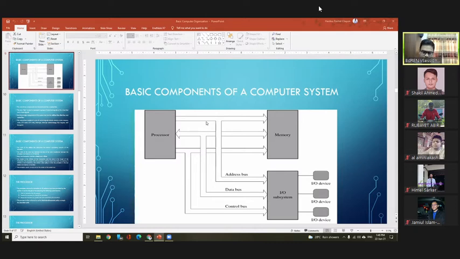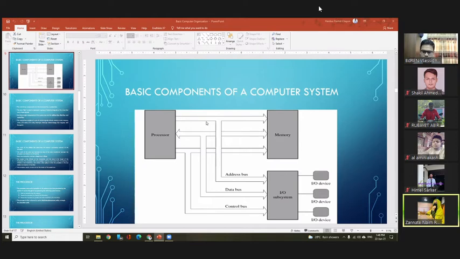How many combinations are possible if you have 32 bits? It is a binary number. 2 to the power 32, right? Yes, sir. Whenever you have a 32-bit binary number, how many combinations are possible? 2 to the power 32. So 2 to the power 32 means nearly 4 giga.